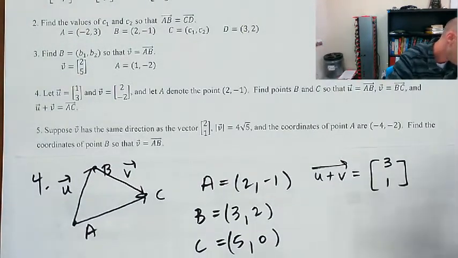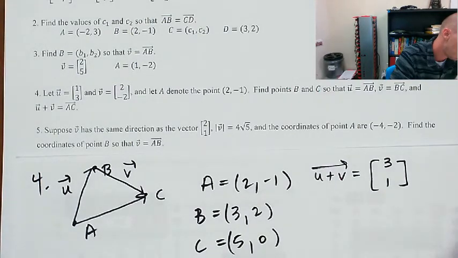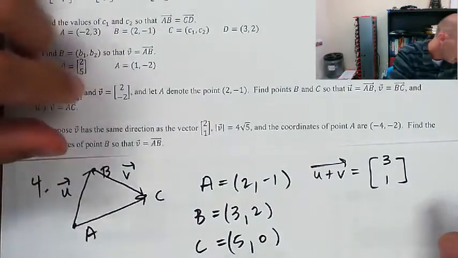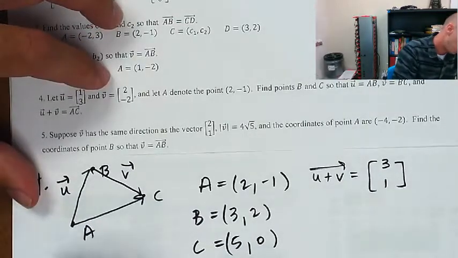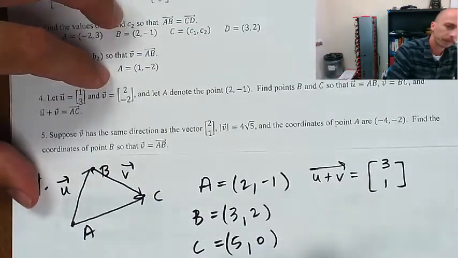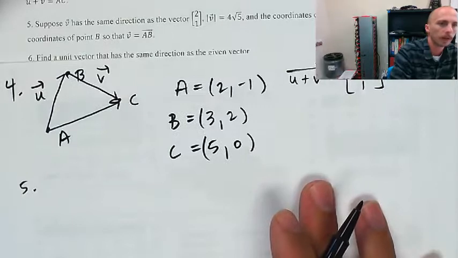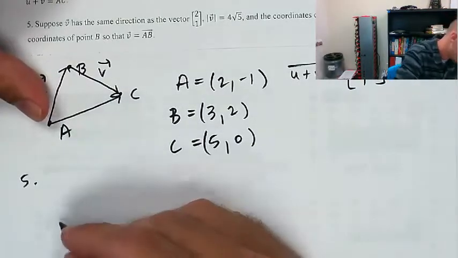All right. Suppose V has the same direction as the vector 2, 1. The length of V is 4√5, and the coordinates of point A. Okay. It's very, very similar. So what we're going to have to do is, I think I'm going to draw the picture for you first. So we've got AB.